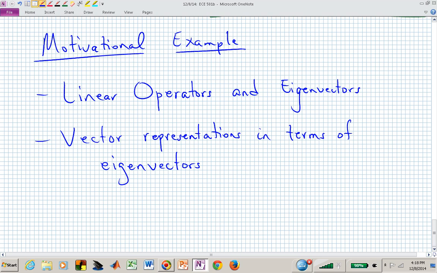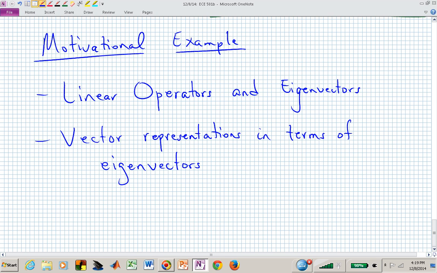We could decompose it in terms of the eigenvectors that we've maybe identified relative to these operators. I give you an operator, and you can now take that operator and find eigenvectors and eigenvalues for that operator. We want to be able to do the same thing, and once you have eigenvectors, you can now decompose any vector in that set in terms of a linear combination of those eigenvectors.